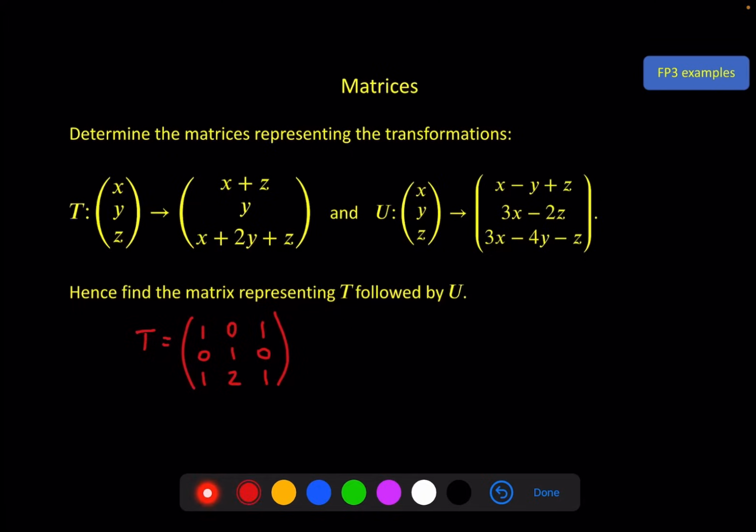And that's because I know if I apply this on x, y, z, we know how matrix multiplication works, and we know that this multiplication will give us this answer. Same thing for U. Get 1, minus 1, 1, 3, 0, minus 2, 3, minus 4, minus 1. So this is a very simple idea.